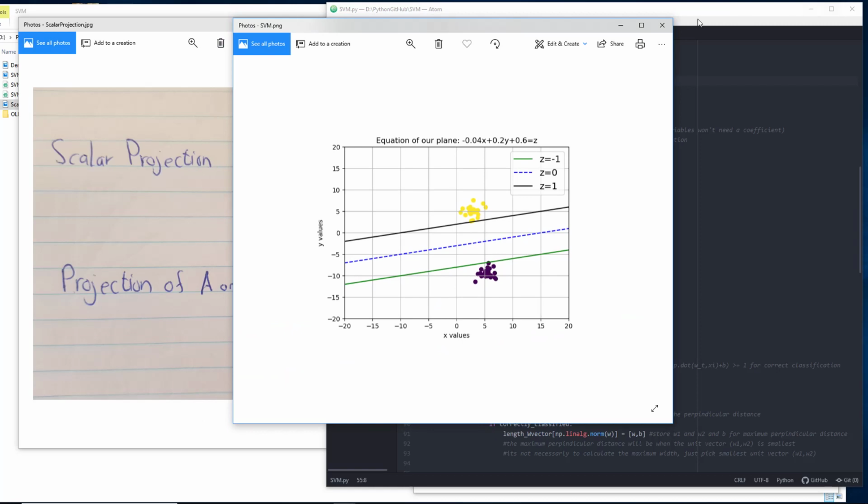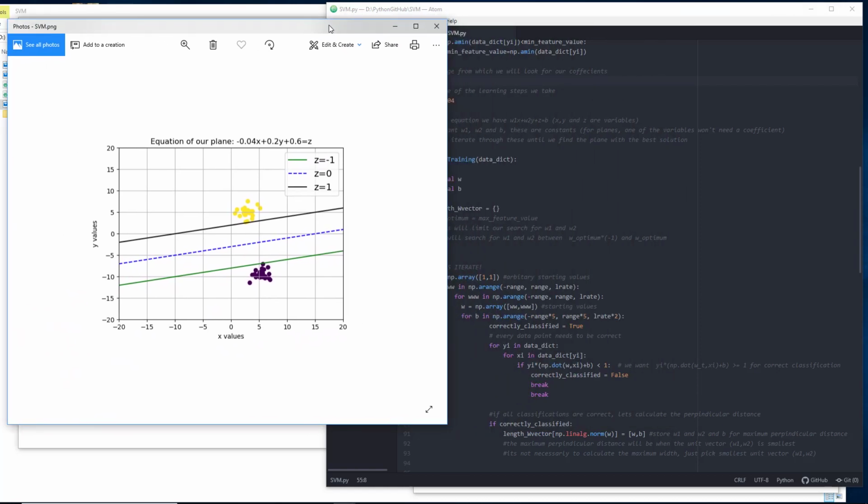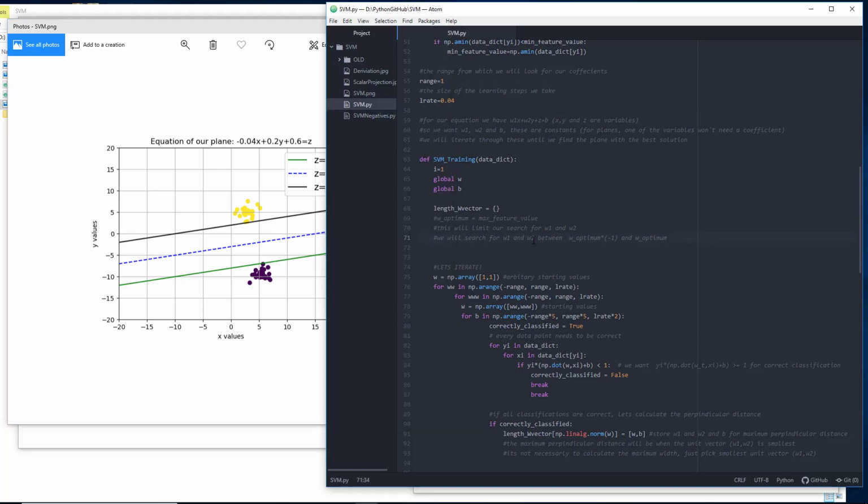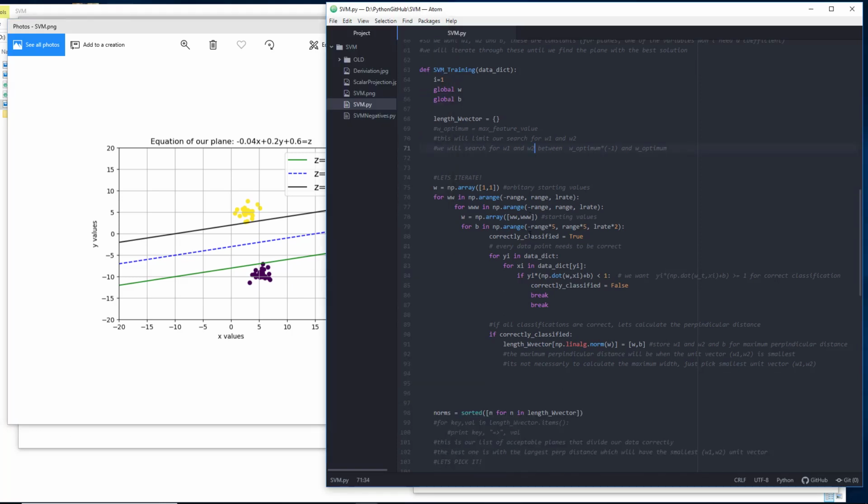How we're going to do this is we're just going to iterate. We're going to iterate through W0, and then in another for loop, we're going to iterate through W1, and then in another for loop, we're going to iterate for B. Then we're going to find all the solutions that divide the data correctly, and then we're going to pick the one with the smallest W, and that'll give us our most optimal solution.